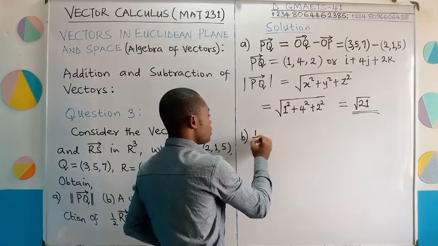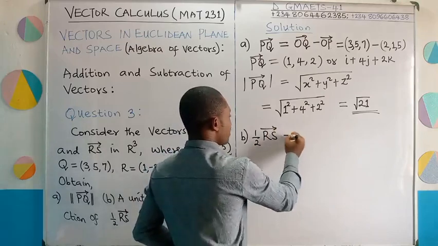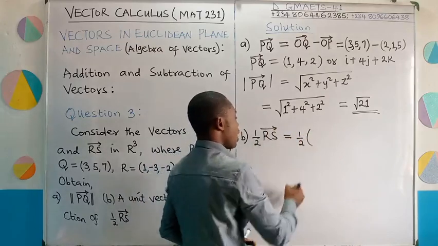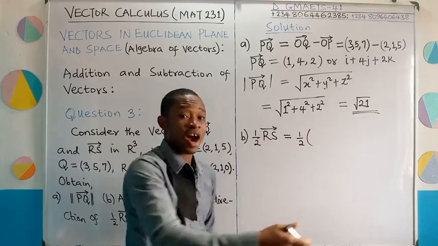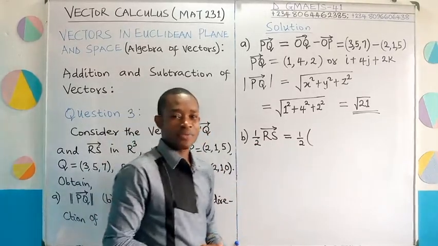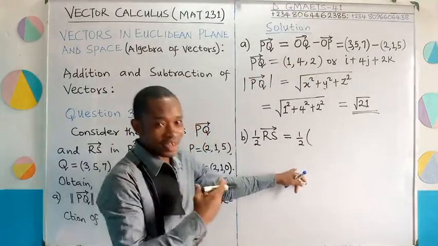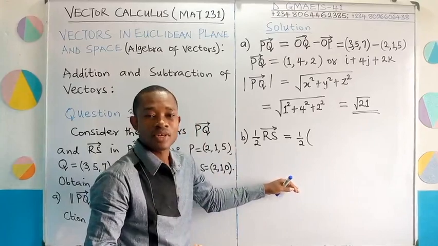So, we shall proceed to obtain 1 over 2 vector RS first. And to do that, that's simply 1 over 2 multiplied by vector RS, which is simply S minus R, which is OS minus OR. Are you following, right? I've shown that in the first part of the question, so I wouldn't want to bother ourselves in introducing the O concept. That's the origin.